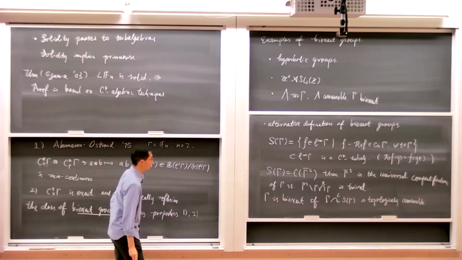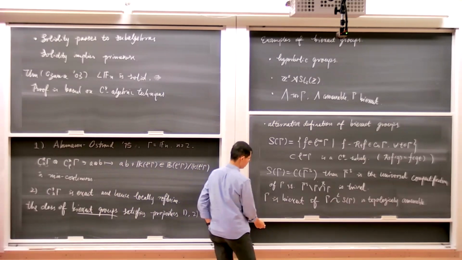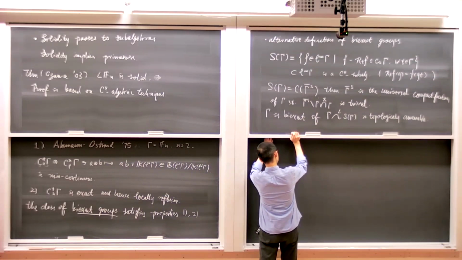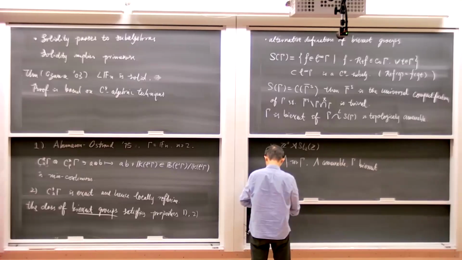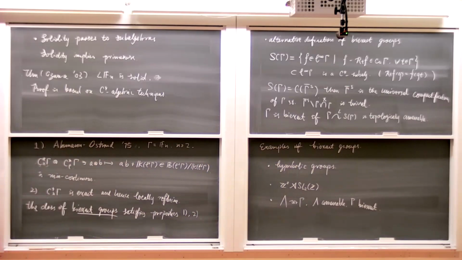So another equivalent definition would be gamma is bi-exact if and only if the left action here is a topologically amenable action. So we actually do have a more topological dynamic characterization of the notion of bi-exactness, or you can think this is a topological dynamic characterization of these two properties together.